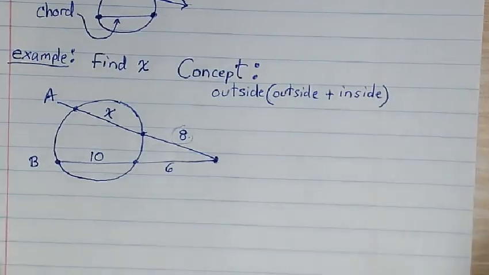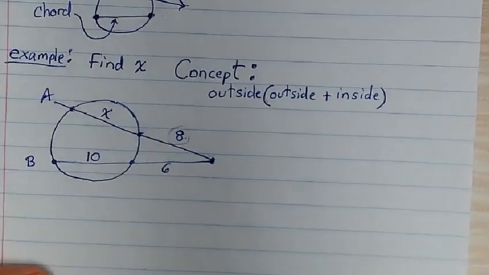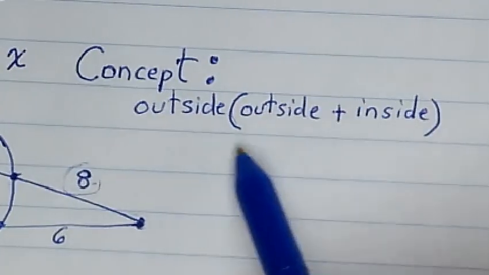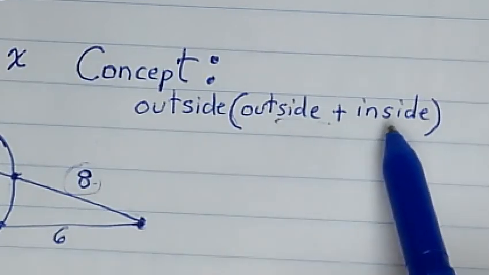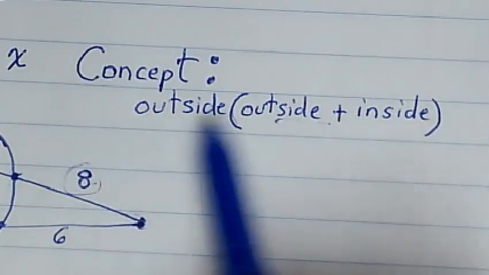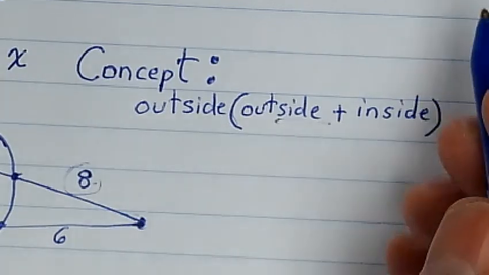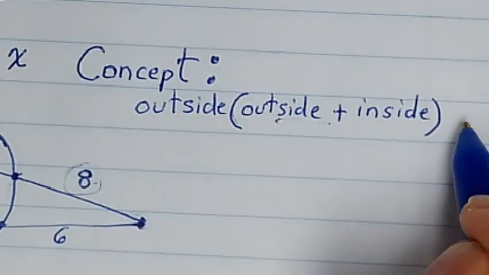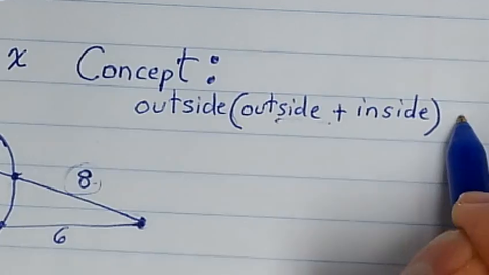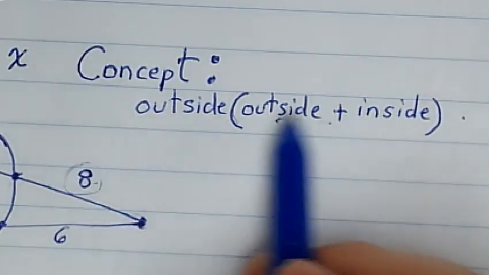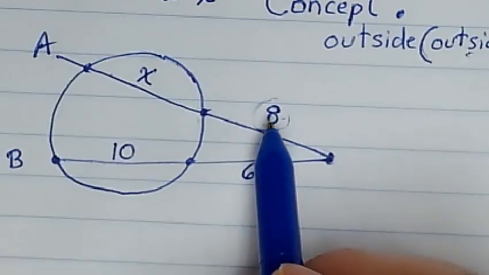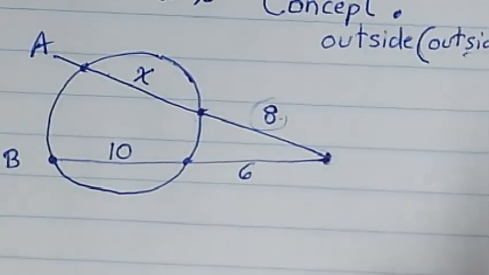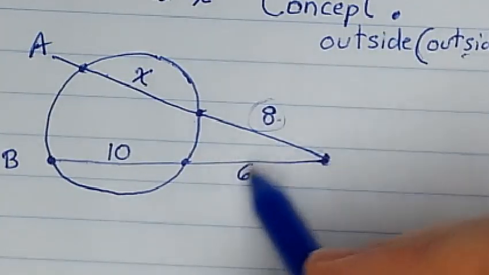This is what I'm saying. The outside times the outside and the inside added together, if you multiply those together, any questions with that? If you take the outside number, which is 8, and multiply it by 8 plus x, it's going to be equal for both secants.